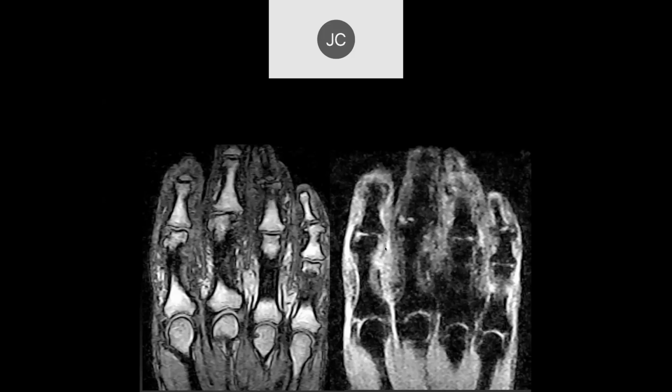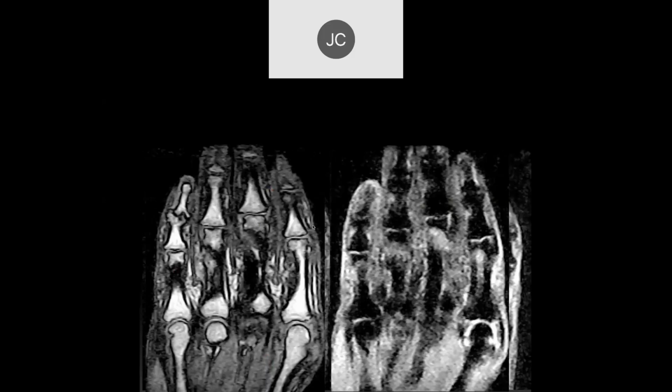It's very characteristic of psoriatic arthritis, and is often called a sausage digit. You always have to worry about infection in those situations, but generally infection and psoriatic arthritis will present differently clinically so that you can differentiate them. In this particular case, we can see a lot of erosive changes within the bones.